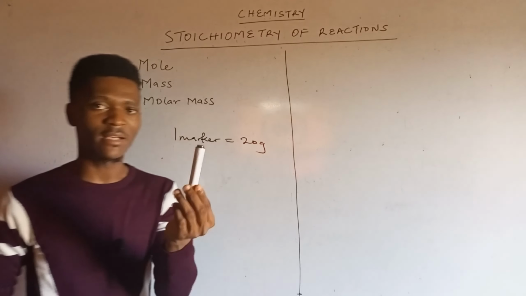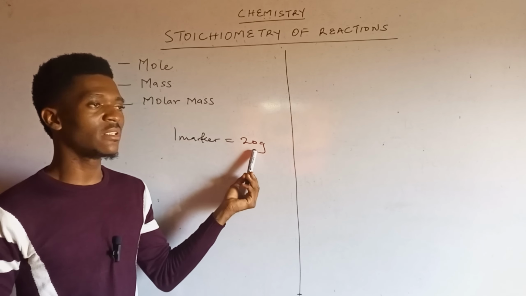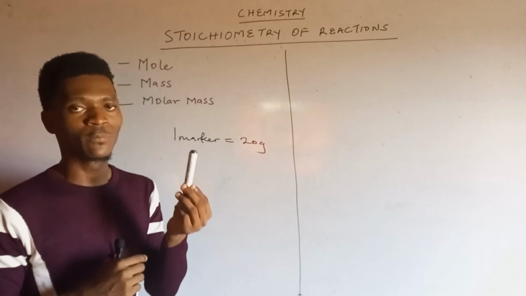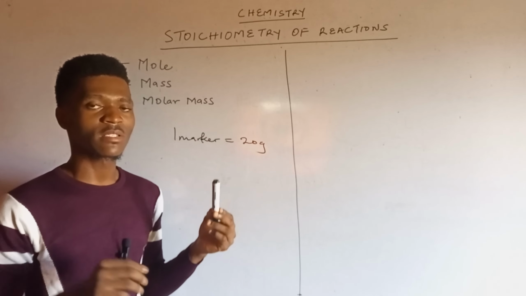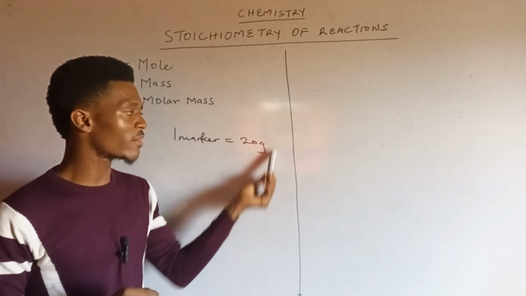So this one marker weighs 20 grams. Can I say that the 20 grams is the mole of the marker? No, it is actually the mass, because grams is the unit of mass. So this 20 grams is the mass of this marker, while the one signifies 1 mole of the marker.